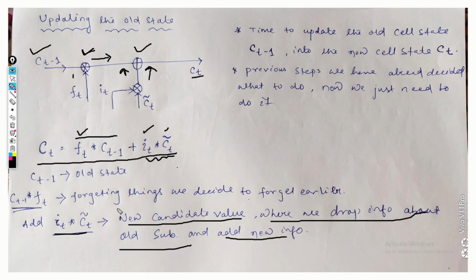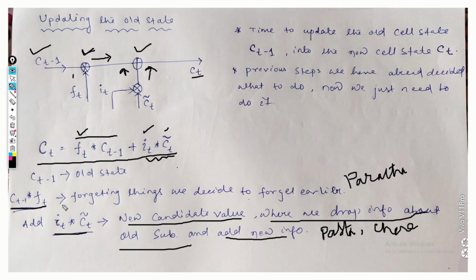The example I told you, adding the pasta. Adding pasta and cheese is done by this particular formula, and forgetting about paratha is done in this particular formula, right?